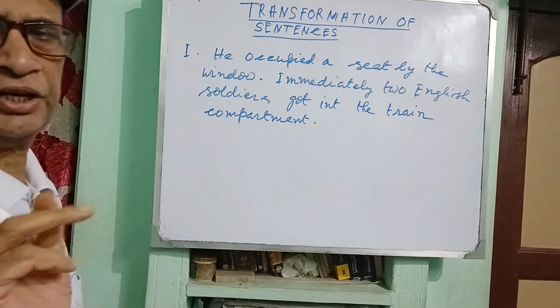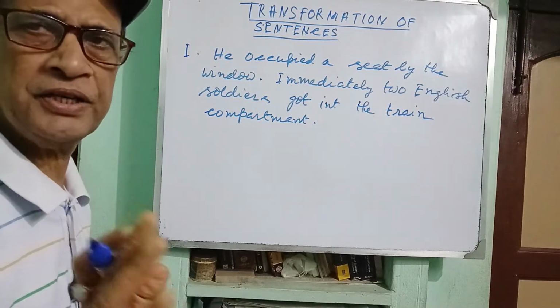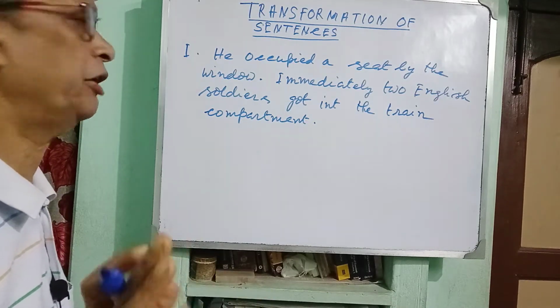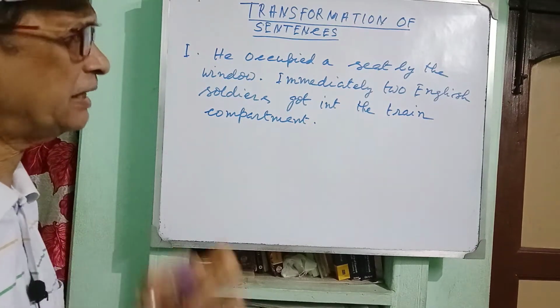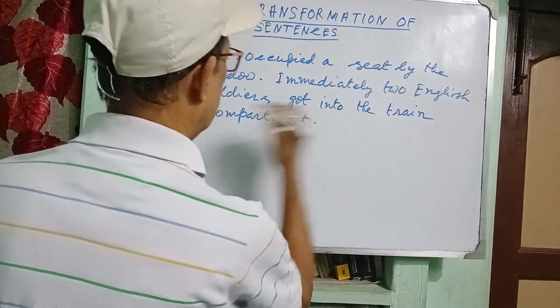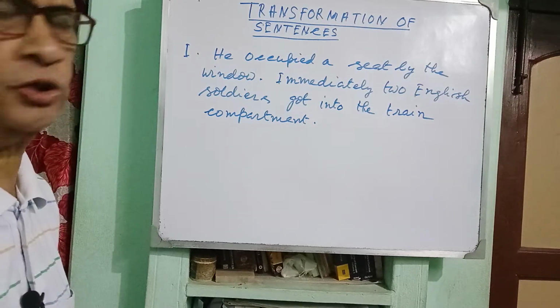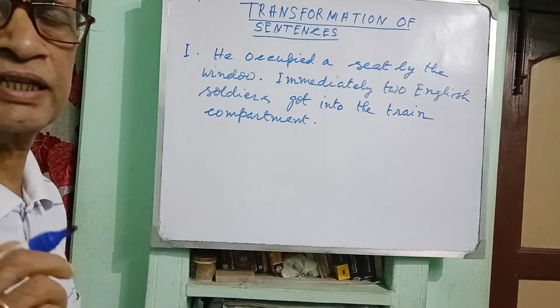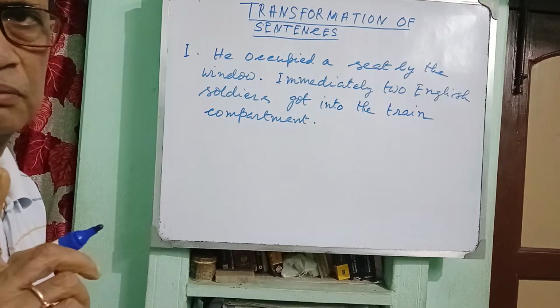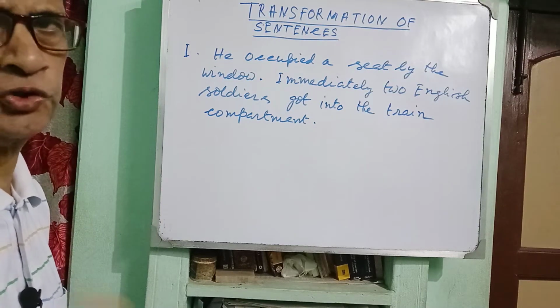Now let us read these two sentences. He occupied a seat by the window. Immediately, two English soldiers got into the train compartment. Suppose you are asked to combine the sentences into one complex sentence by using no sooner.